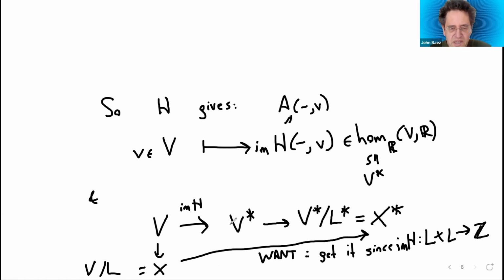This is a real linear map. And so if we do it this way, then we're stuck with a bit of a debt because we've got a priori a real algebraic or real smooth map from the torus X to the dual torus. But those are complex tori, and I think we really do want a map of complex tori.